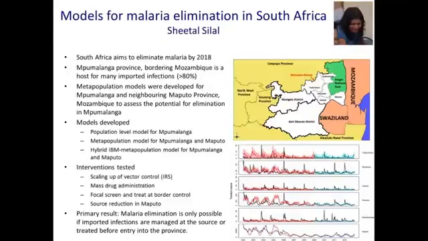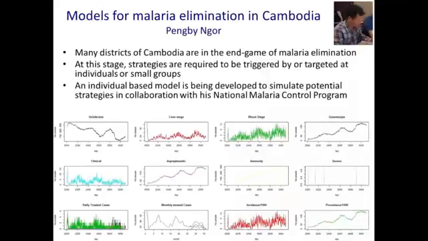And so that was an interesting result from Sheetal, where she was looking for elimination strategies for South Africa, and she found that probably the most effective strategy would be to spend all their money helping Mozambique, because it's the source of all the malaria infection in those areas. So that was an interesting result. That's part of her PhD. And so the next step is to actually put some dollar signs on that and collaborate with her control program.